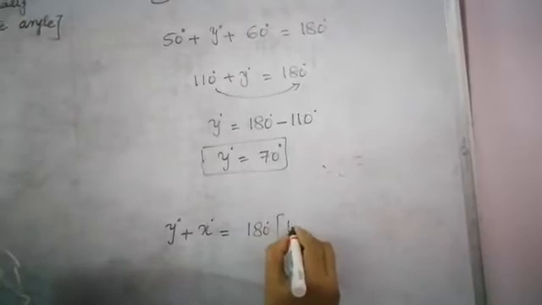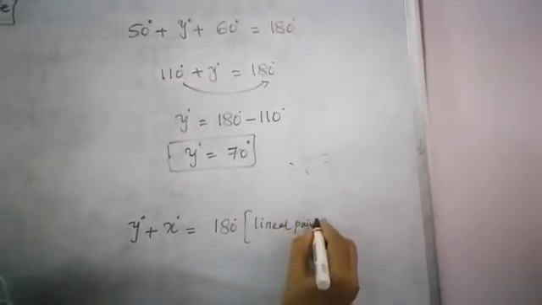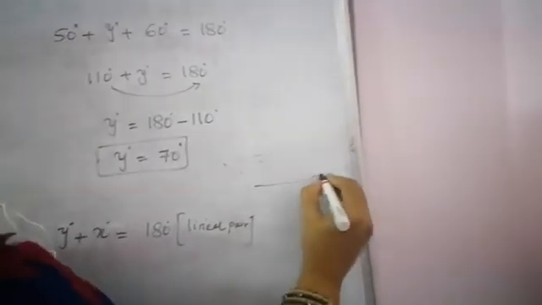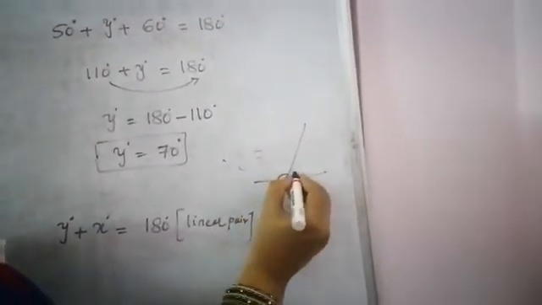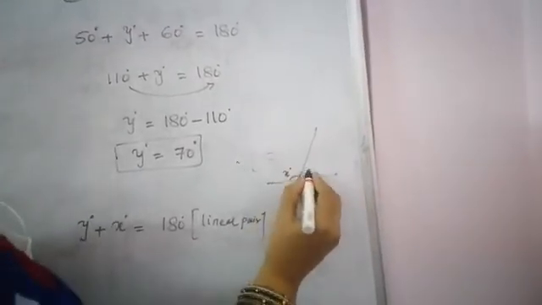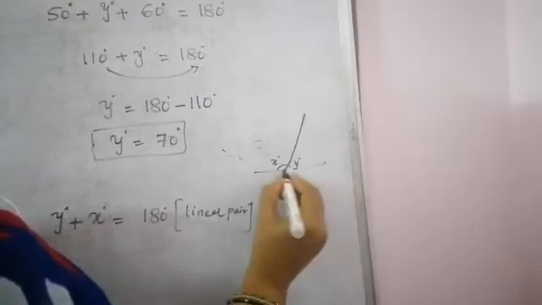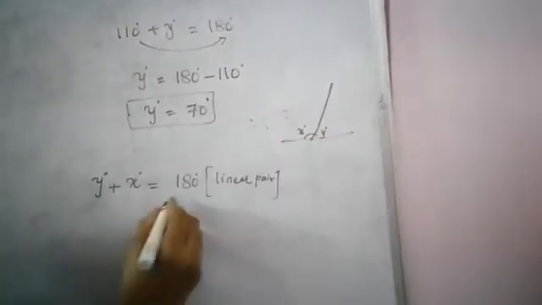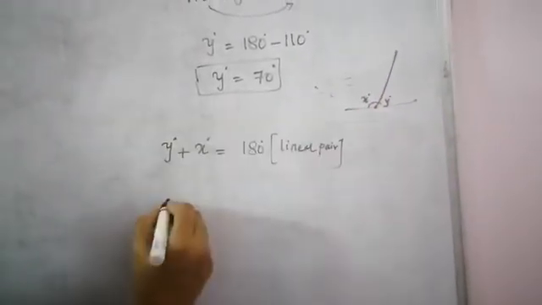Why is it? They are in linear pair. If you want to draw, you can draw and check it out. The figure is like this. Y, x. They have a common vertex and a common arm. That's the reason y plus x is equal to 180 degrees. They are in a linear pair. Just now we got y as 70 degrees.